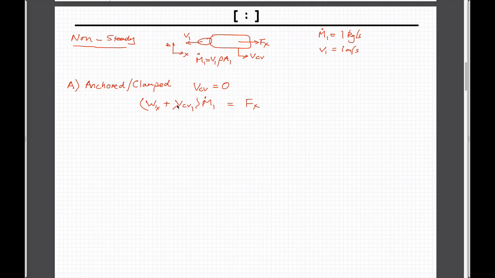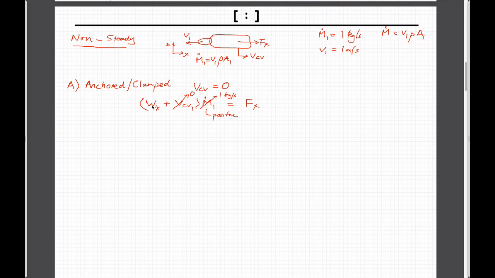We know that it's clamped, so we know that this is 0. We know the mass flow rate, because I just told you that it's 1 kilogram per second. It's out, so it's positive. So in other words, it would be V1. Well, that's not complicated. I'm giving you a mass flow rate. Mass flow rate obviously would be equal to V1 density A1. But I'm assuming that we just have that.